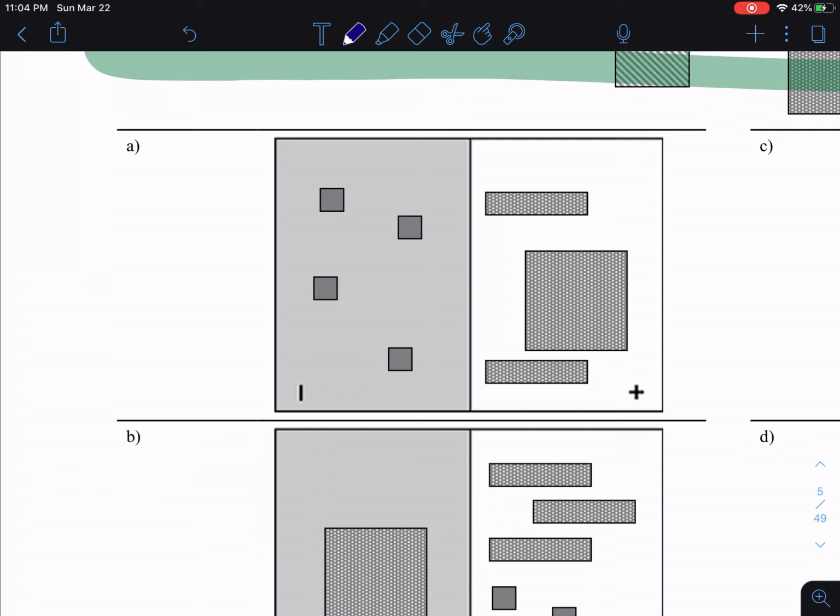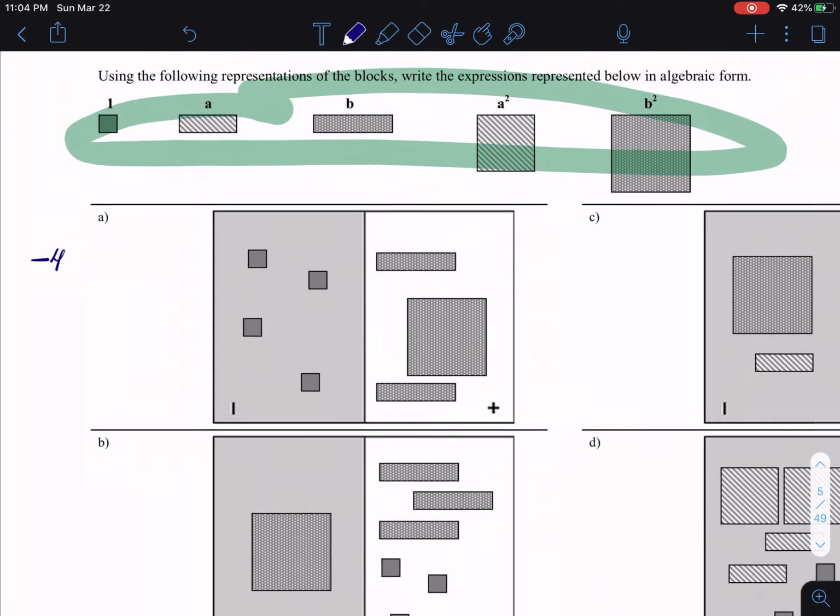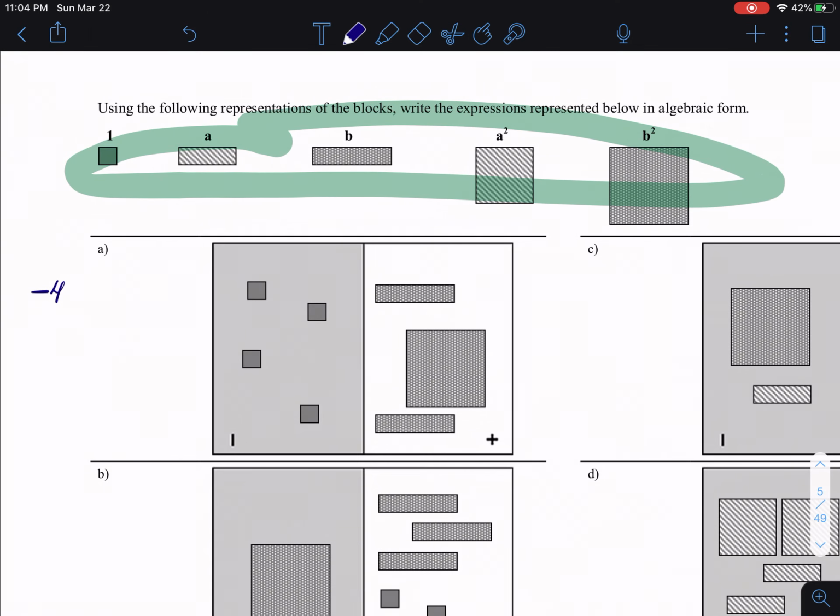Well, the ones on the left are going to be negative, and there are 4 of them, and they are units. They're just ones. The ones on the right are going to be positive. There are 2 rods, and those are of the b kind, and there's 1 square, and that's a b squared.